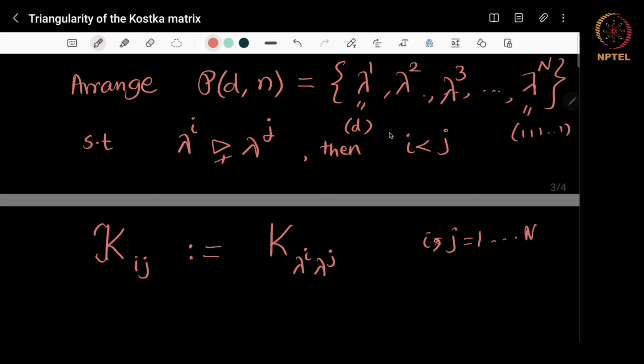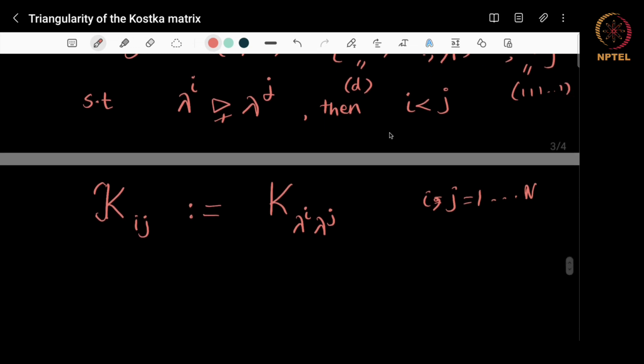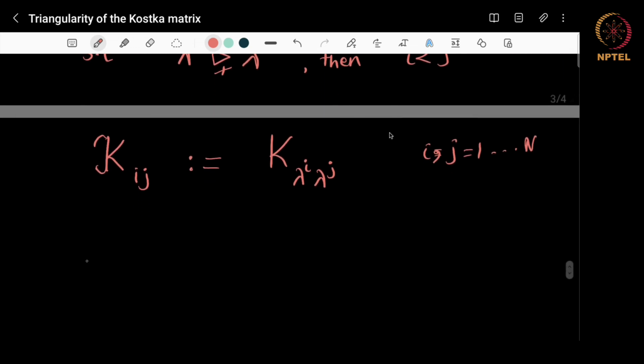So I formed a matrix, and why do I want to do this? Because now observe that the equation that I wrote earlier, h lambda equals the summation of K mu lambda s mu, I can think of as follows.